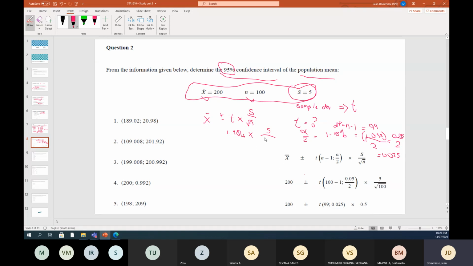The square root of 100 is 10. So 1.984 times 0.5, because 5 divided by 10 is 0.5. Just put in the plus minus.